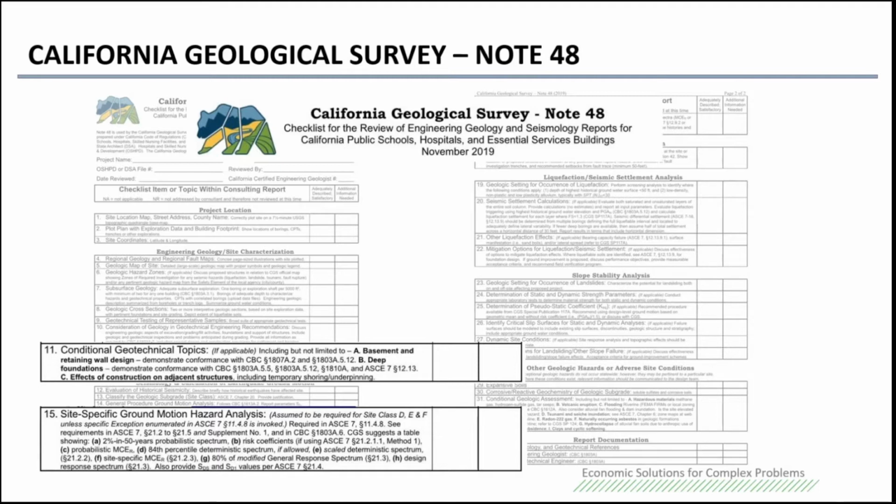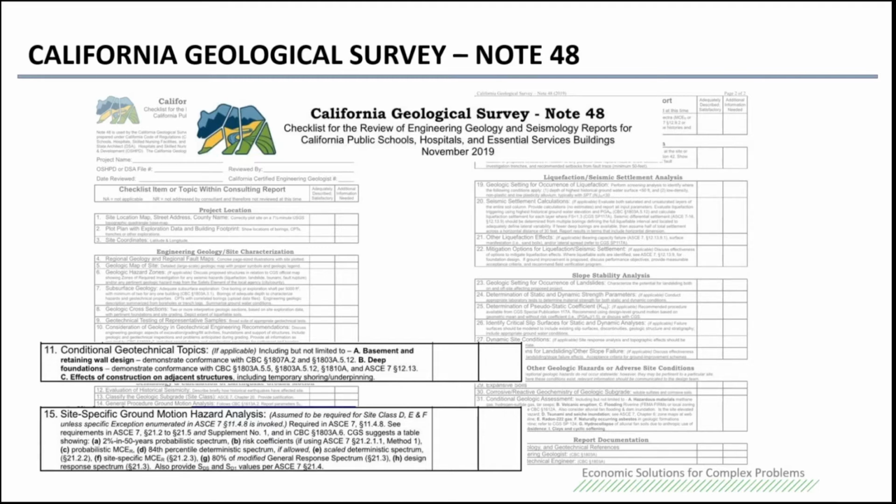The only thing I want to point out, even in item 15, it mainly talks about section 21.2, but actually, the approach in section 21.1 is also allowed for the site-specific ground motion hazard analysis.